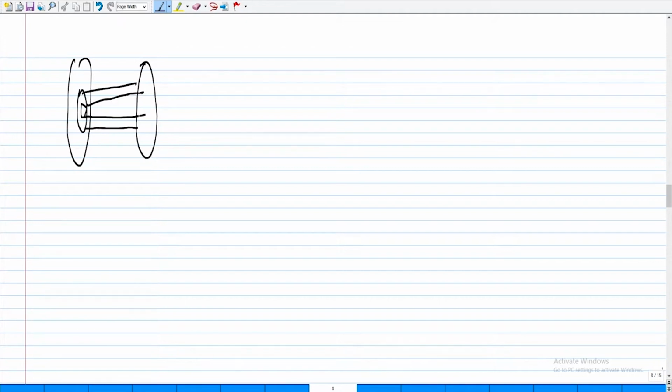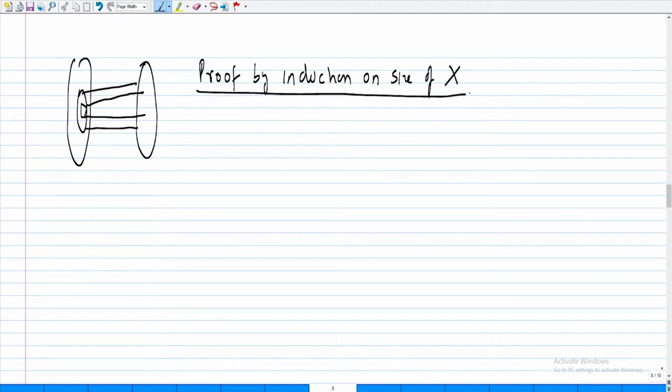Now I am going to claim that you will be able to find a matching which saturates X, and we will prove this by induction on the size of X. Well, if X has one element, it's quite obvious.